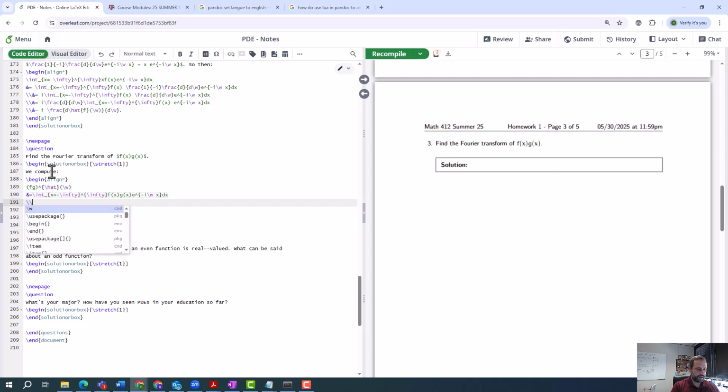And then we can write this. I'm going to do something very similar to what I did before, and then let's compile it and look at it.